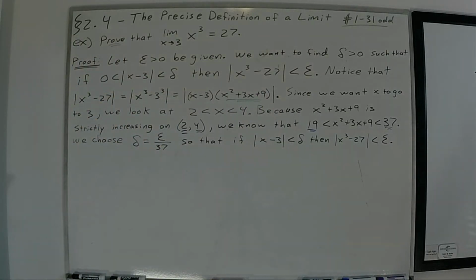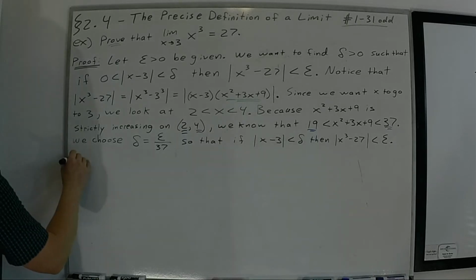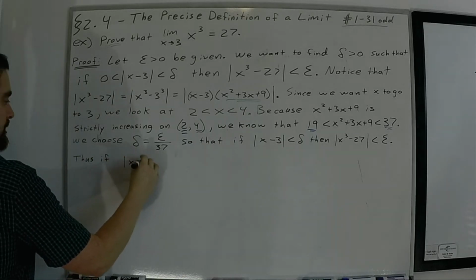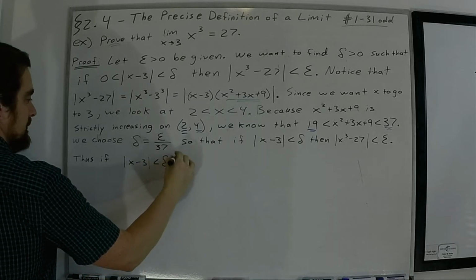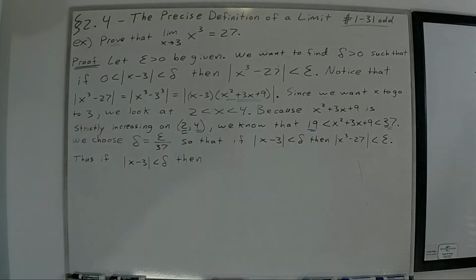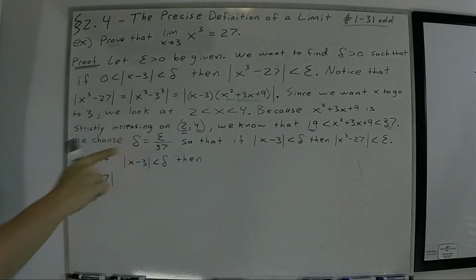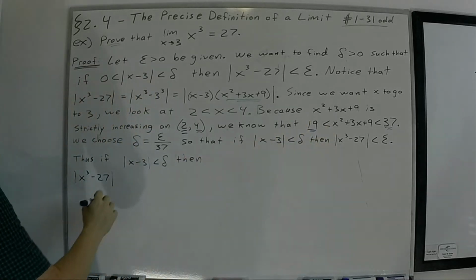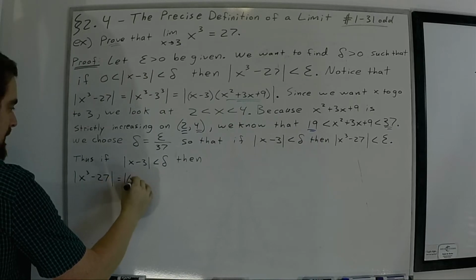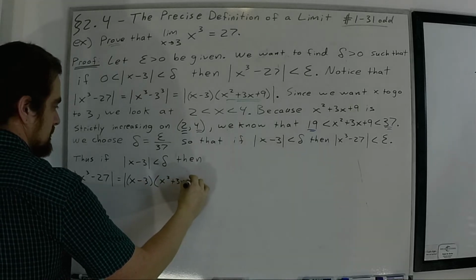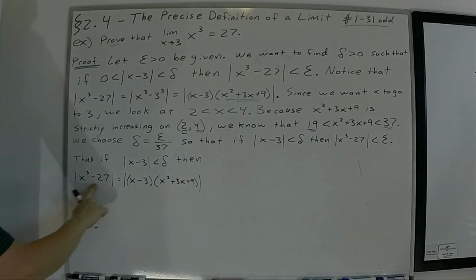And now we just play around with it, essentially. Thus, if the absolute value of x minus 3 is less than delta, then we're going to show that the absolute value of x cubed minus 27 is less than epsilon. We say this is equal to the absolute value of x minus 3 times x squared plus 3x plus 9, because that's factoring this out using the difference of cubes.